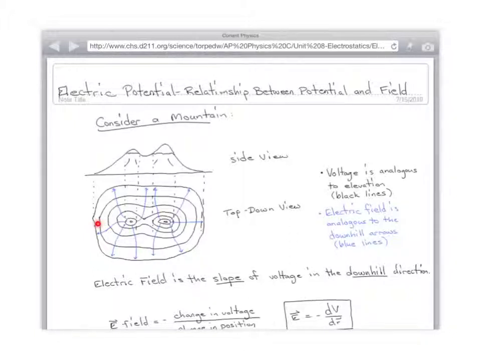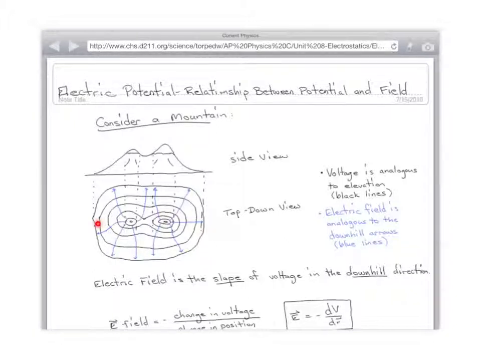that the electric field is actually the downhill direction on the voltage plot. So if you ever want to draw electric field lines, if you've got voltage lines, how do you draw them? Perpendicular, because downhill is always going to be perpendicular to the level. If my level is here, downhill is going to be that way, which is perpendicular to that. If I'm standing over here, downhill is going to be that way, which is perpendicular. Does that make sense?